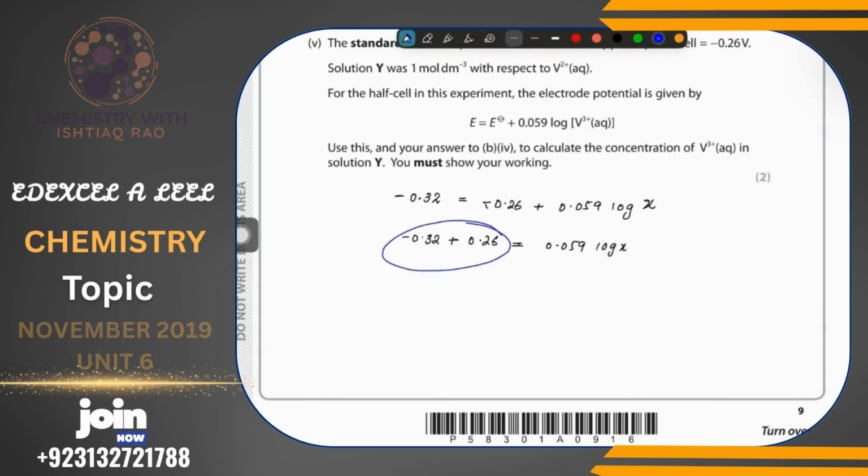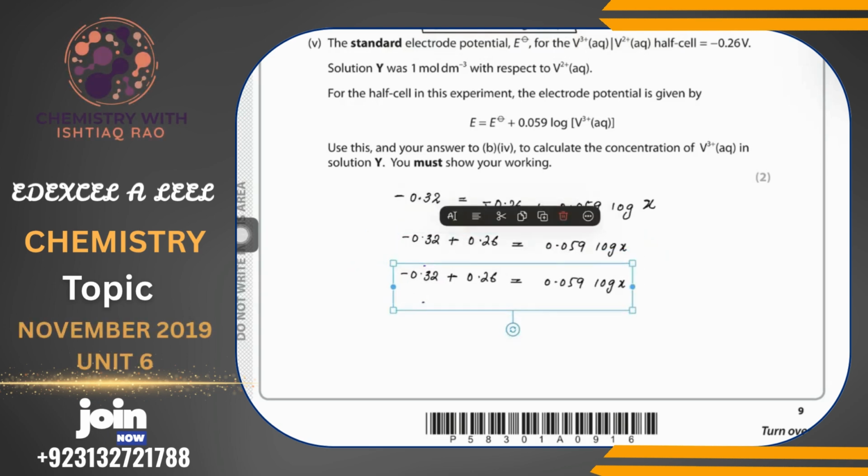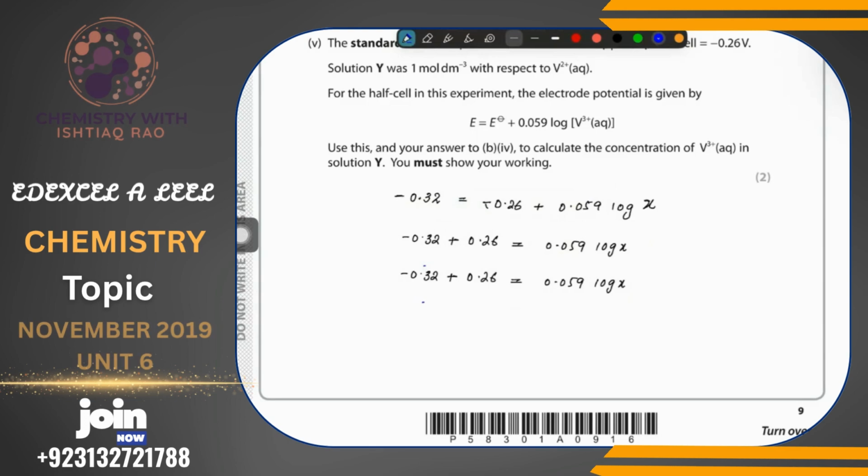What's the answer for this one? I directly did negative 0.32 plus 0.26 divided by 0.059, and I got negative 1.0169.